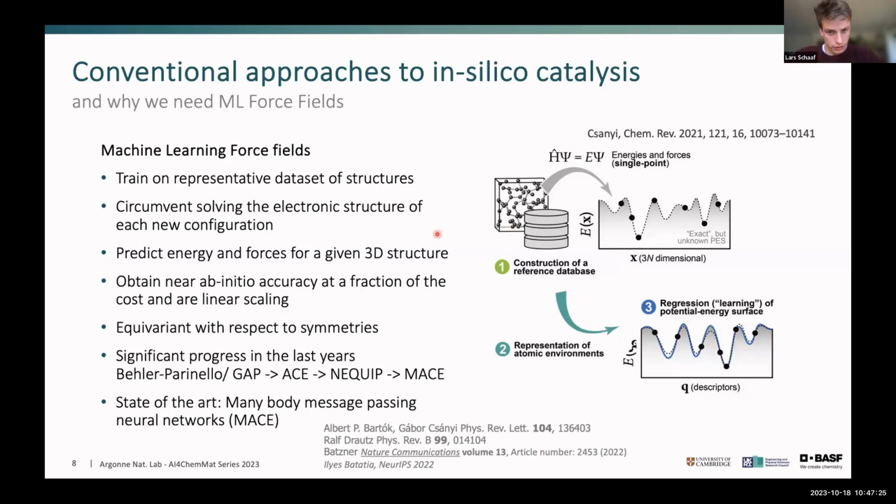And so the machine learning method is one that has a bunch of training data that contains the energies and forces on configurations. The machine learning method translates that to some sort of representation of the atomic environment. And there's been a lot of progress in what these representations look like. And then you can do a regression and learn the energies from these representations.